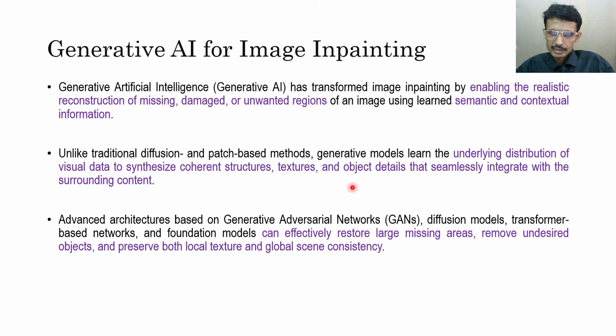Advanced generative diffusion models and transformers effectively restore large missing areas and objects and preserve both local texture and global scene consistency. So basically, generative AI brings a lot of improvement in image inpainting over the simple CNN based models.